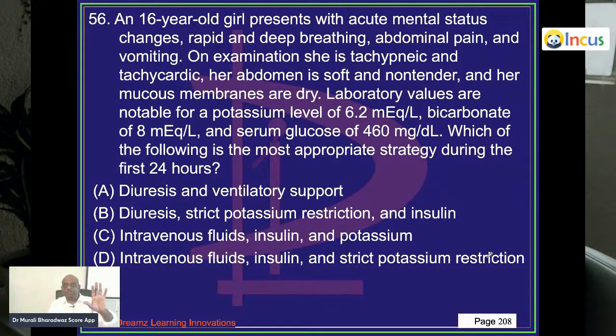A 16-year-old presents with acute mental status changes, rapid and deep breathing, abdominal pain, vomiting. One case of diabetic ketoacidosis, if you see, you will never forget. What is the main treatment the moment you identify DKA? Hydration, hydration, hydration, and giving insulin.